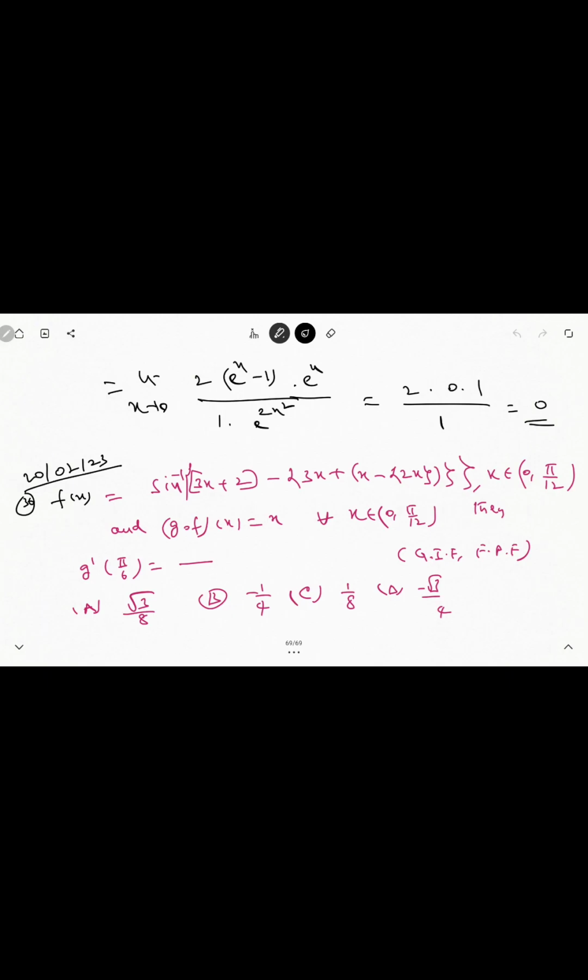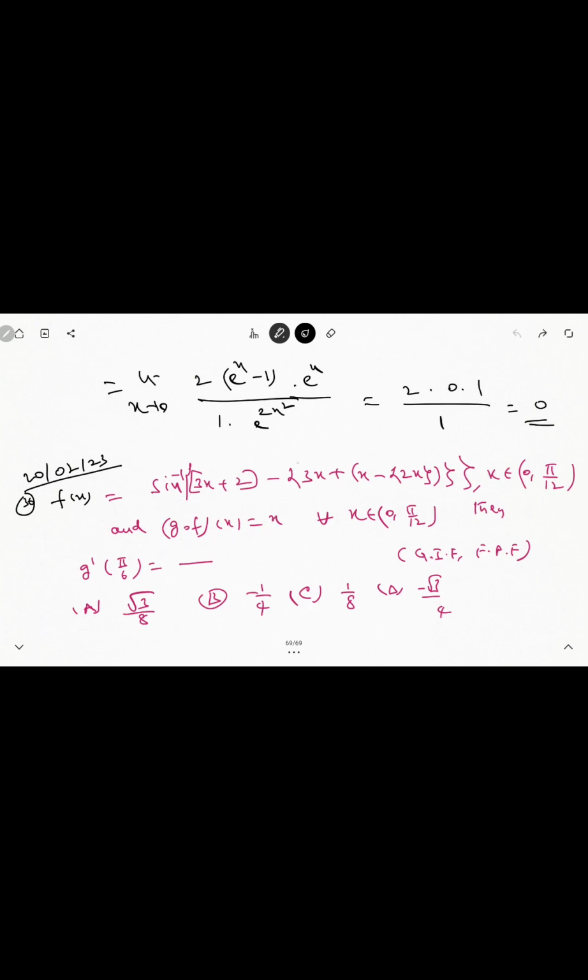f of x is equal to sine inverse of fractional part of integer part of 3x plus 2, minus again fractional part of 3x plus x, minus again fractional part of 2x, for all x belongs to (0, pi by 12), and g circle f of x is equal to x, meaning g and f are inverse to each other.